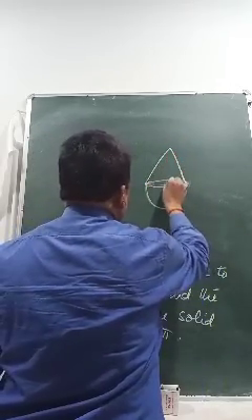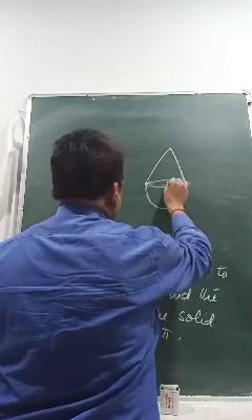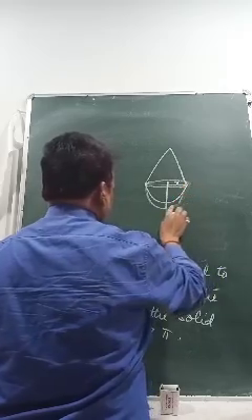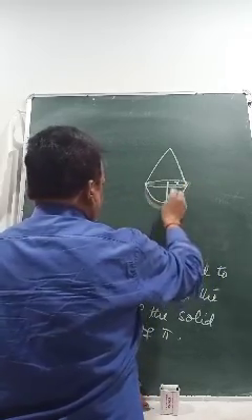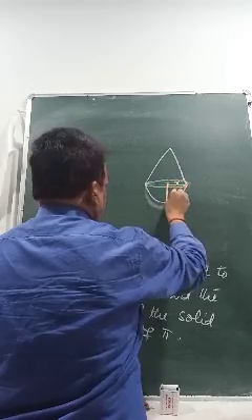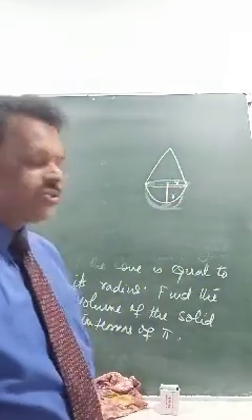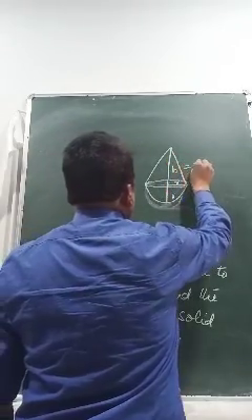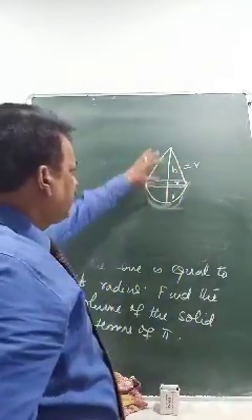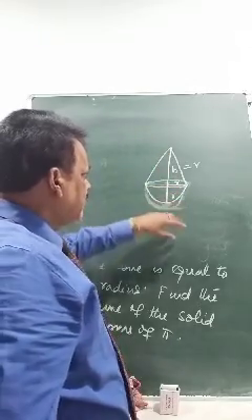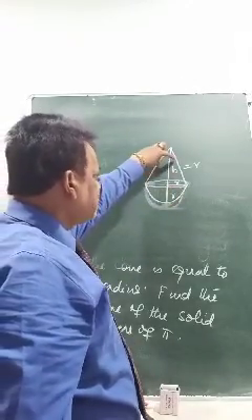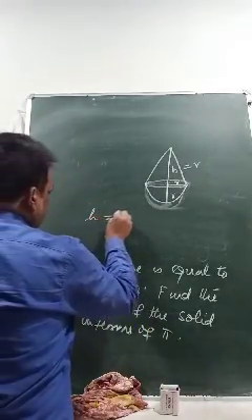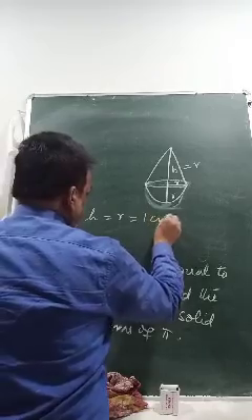Now the radii are equal: this is r, this is also r. Also you are told the height of the cone h is equal to r. So volume means volume of the hemisphere plus volume of the cone. You are given h equals r equals 1 centimeter.